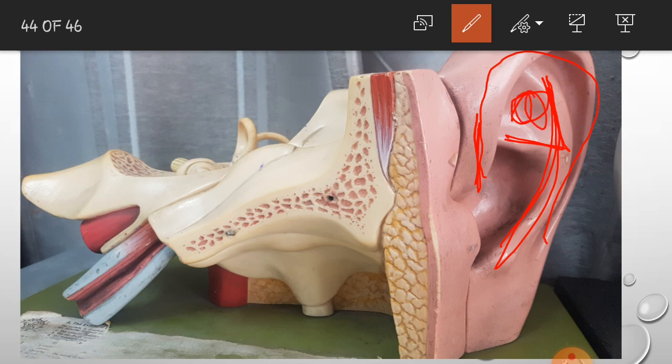This is the triangular fossa, this is the scaphoid fossa. Here is Darwin's tubercle, and this is the concha. This is the tragus, this is the antitragus, this is the intertragic notch. These are the features of the external ear.